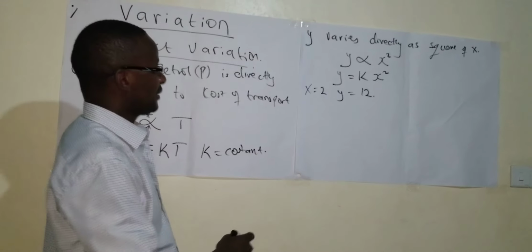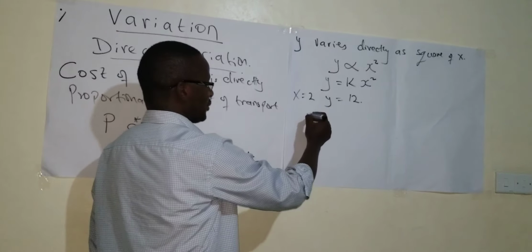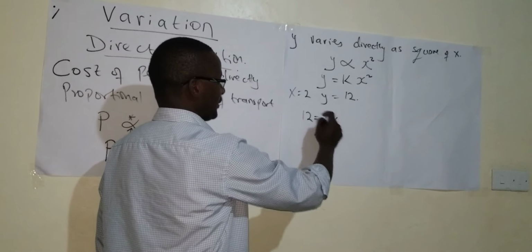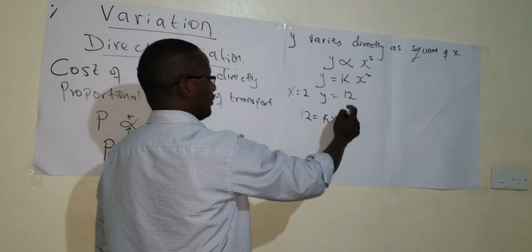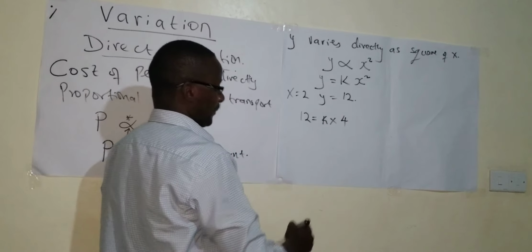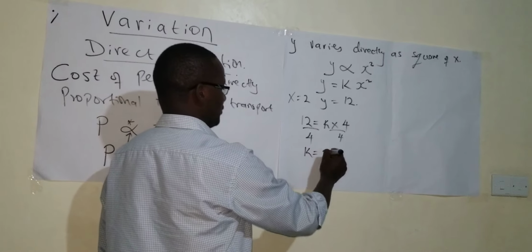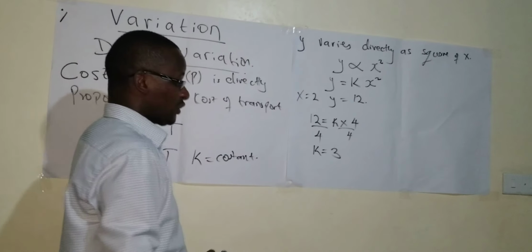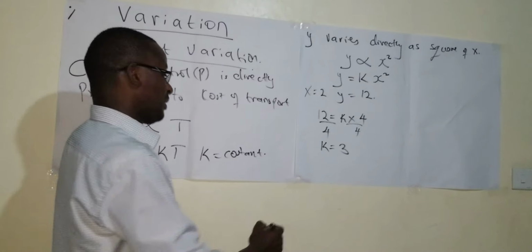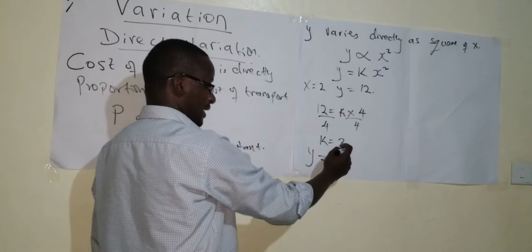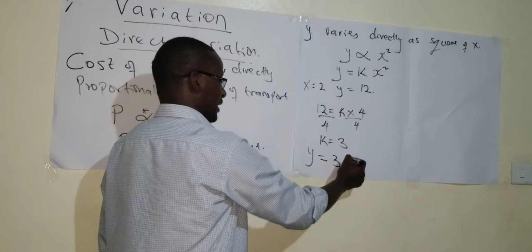So we come back here and say 12, which is y, equals k, which we don't know, times x squared, which is now 2 squared, which is 4. So when you divide both sides by 4, you will get k equals 3. So the equation connecting y and x will be y equals, now we don't write k, we write the actual number, 3x squared.